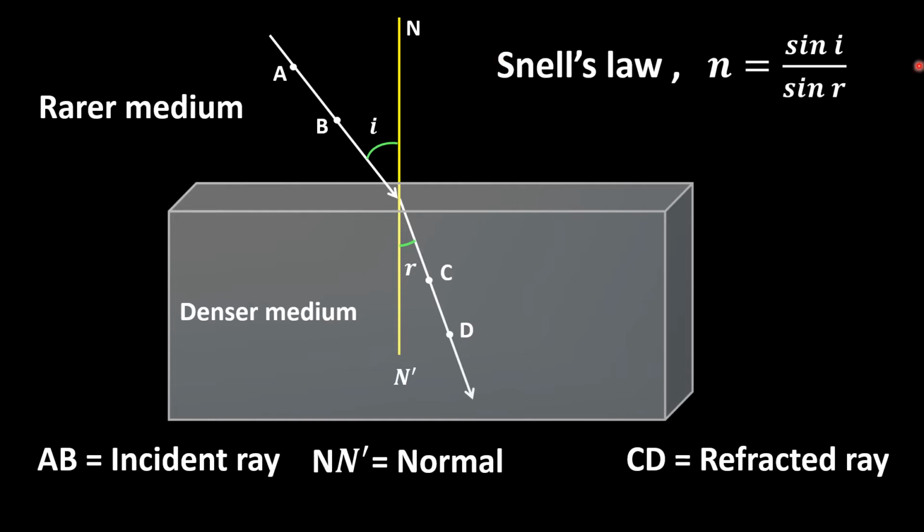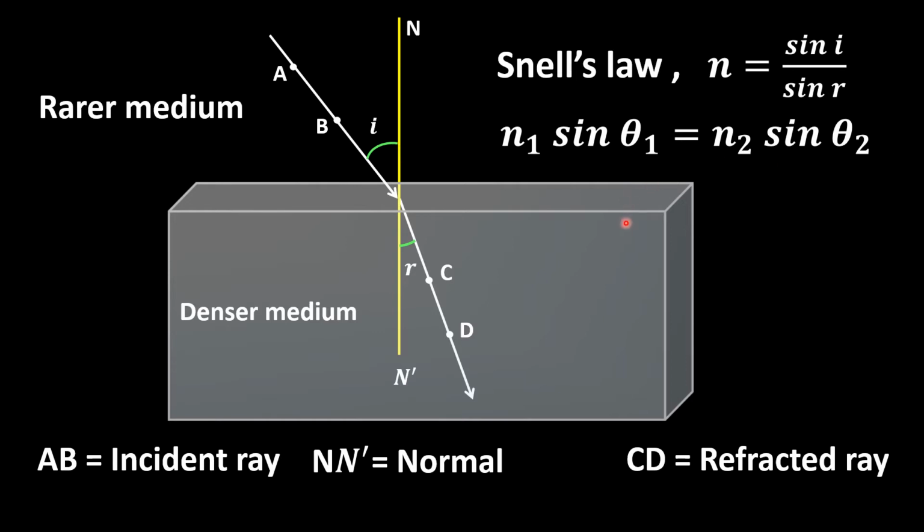Snell's law can be stated in another way as n1 sin theta 1 equals n2 sin theta 2. This is a very interesting thing. This product n sin theta is always constant, that means n1 sin theta 1 equals n2 sin theta 2 equals n3 sin theta 3, like this.